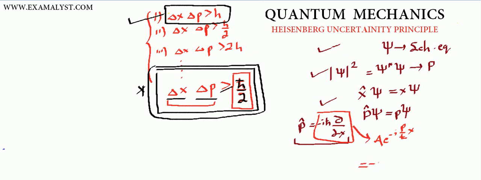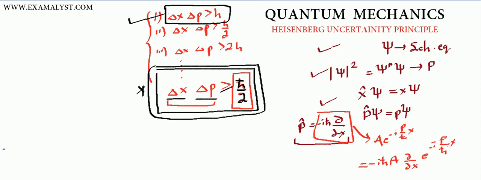There will be minus i h cross outside. Even A, which is the normalization constant, will stay outside, and we have del by del x acting on this part, e to the power minus i p by h cross x. So can you tell me the answer?